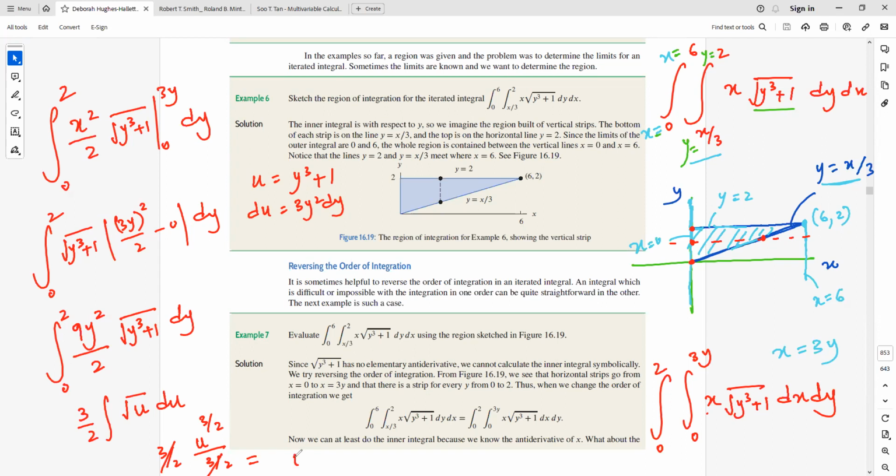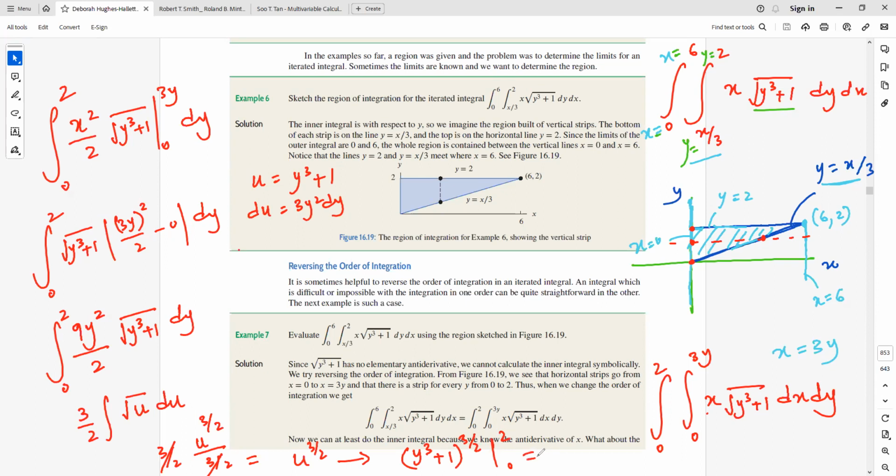So u is equal to y cubed plus 1. So I can write it as y cubed plus 1 raised to the power 3 over 2, and the limits are from 0 to 2.